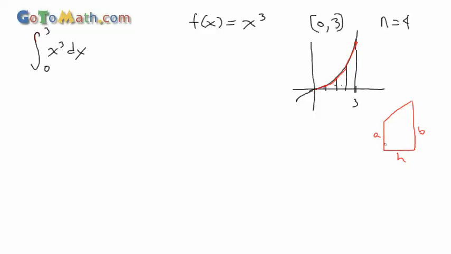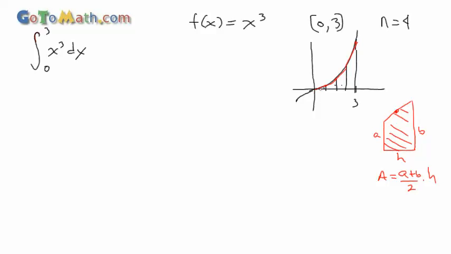To remember how to find the area of a trapezoid, we'll just say A is equal to, we add both of these sides together, divide by 2. What that actually means is we're finding the average value, remember doing that, times h. So this is the actual formula for finding the area of the trapezoid.